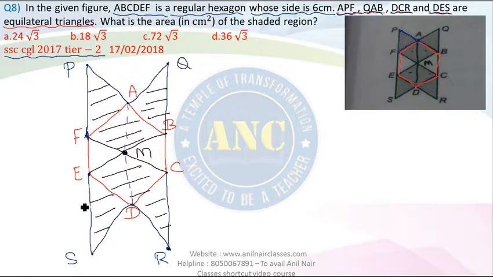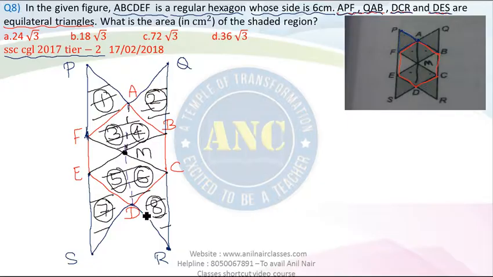Sir, which are those 8 equilateral triangles? This is the first equilateral triangle. This is the second equilateral triangle. And if I draw this perpendicular, can I say that this becomes another equilateral triangle? This is my fourth equilateral triangle. Fifth one I am writing here. This is the sixth equilateral triangle, seventh equilateral triangle, and the bottom is 8.